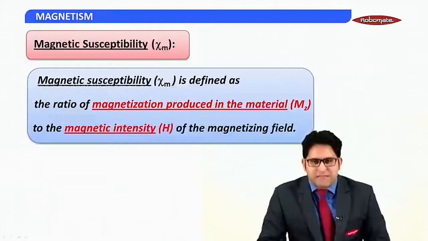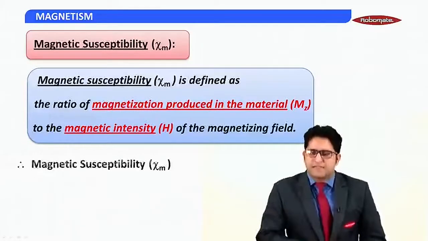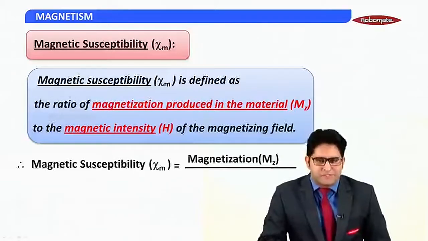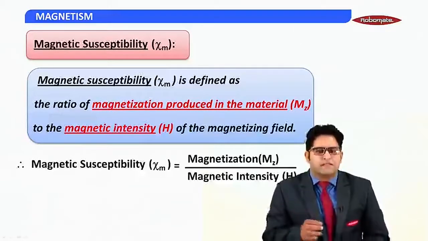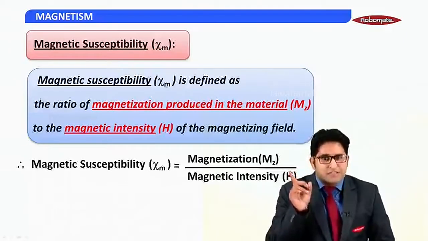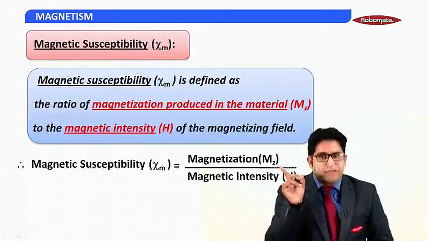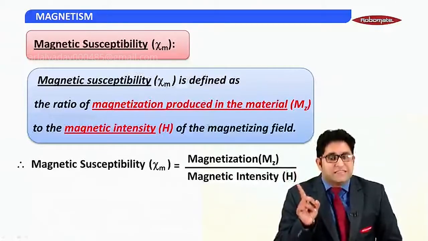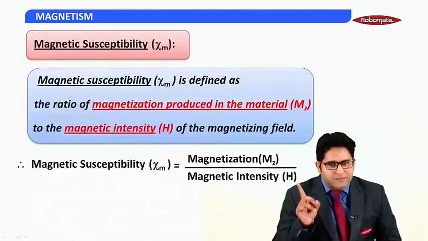Mathematically, magnetic susceptibility Xi-M is equal to magnetization Mz upon magnetic intensity H. Make sure you remember that magnetization is produced inside the magnetic material, and this magnetic intensity H is the external magnetic field.